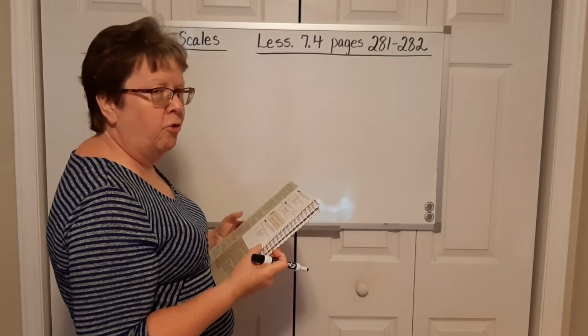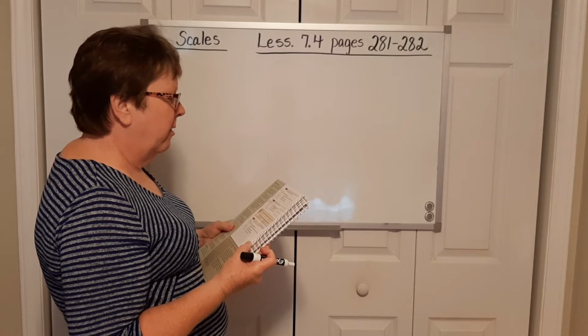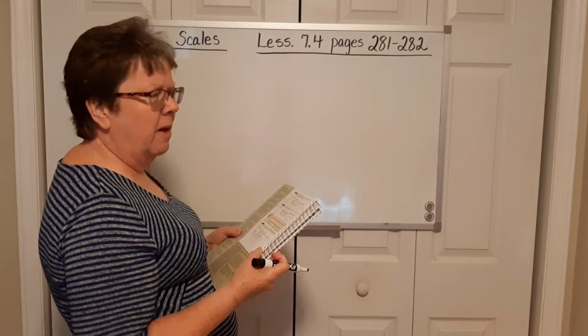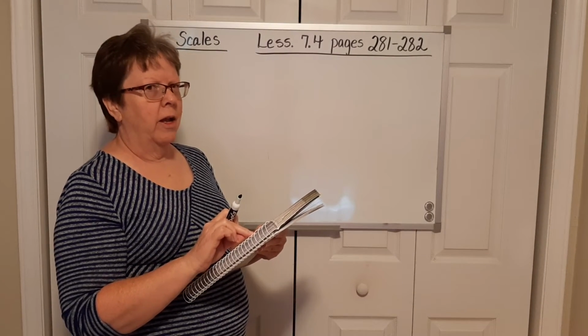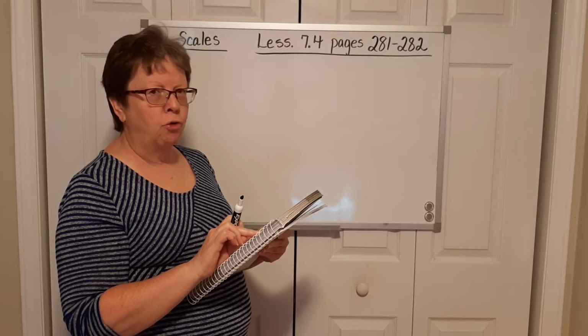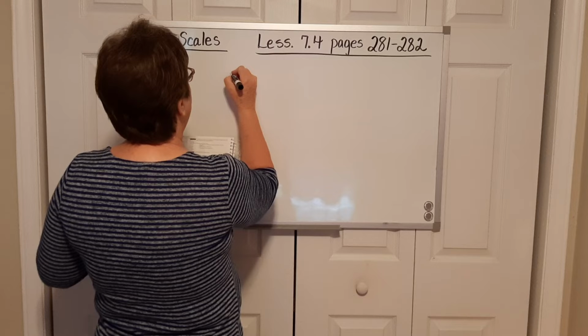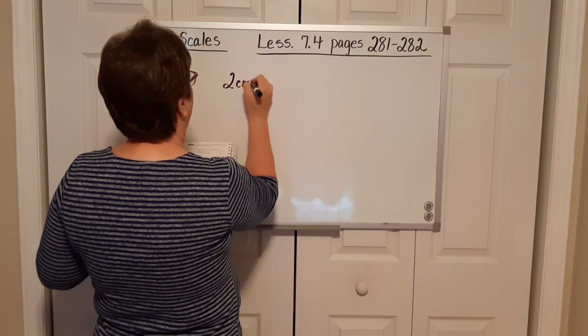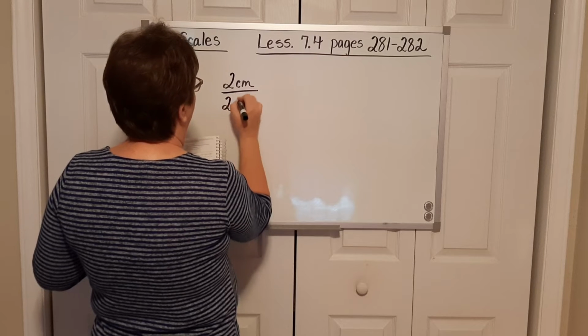Okay, let's do one more. Example 3 on page 282. Find the distance from Carville to Danville. You say, well, it's not telling me the scale. Well, there's actually a picture here in example 3 that shows you what the scale is. It says the scale is 2 centimeters to 25 kilometers.